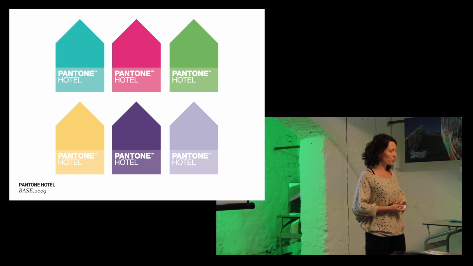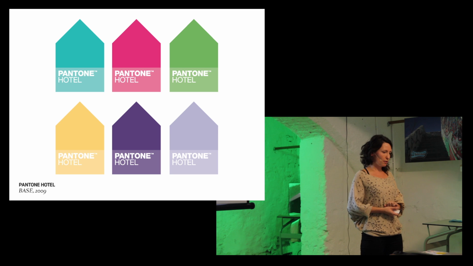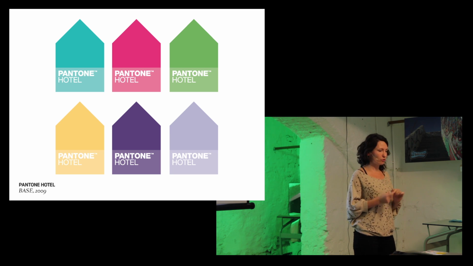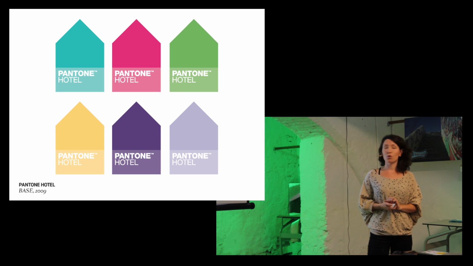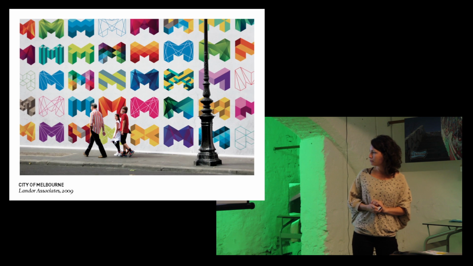A few years ago, they opened a hotel in Brussels, and they have their word mark, and the iconic chip has been changed into the shape of a house, and this is the container that holds the whole colorful world of Pantone.